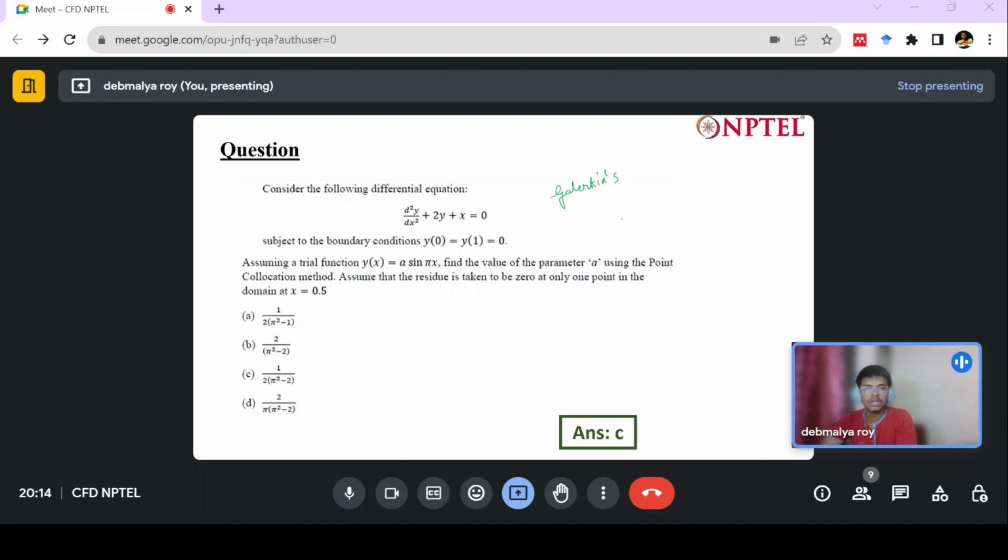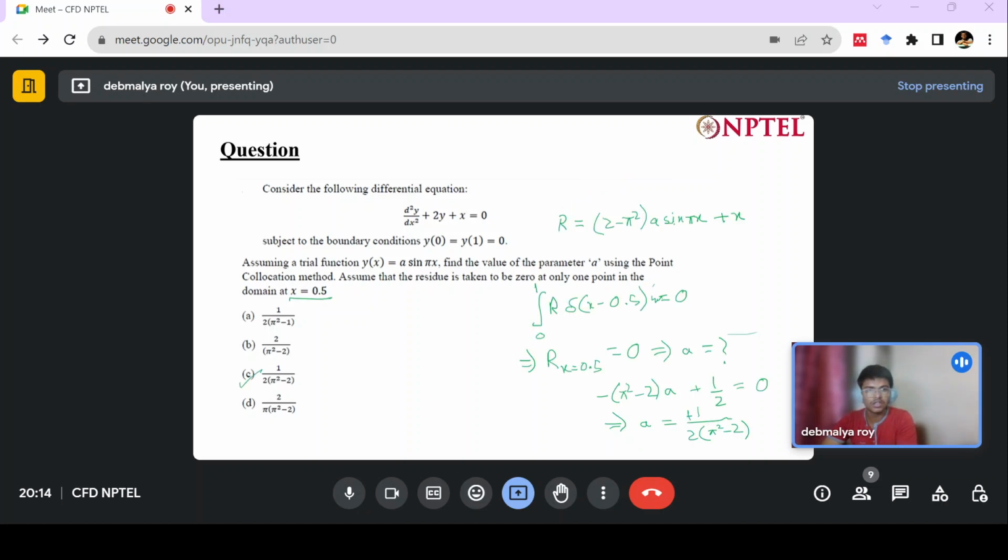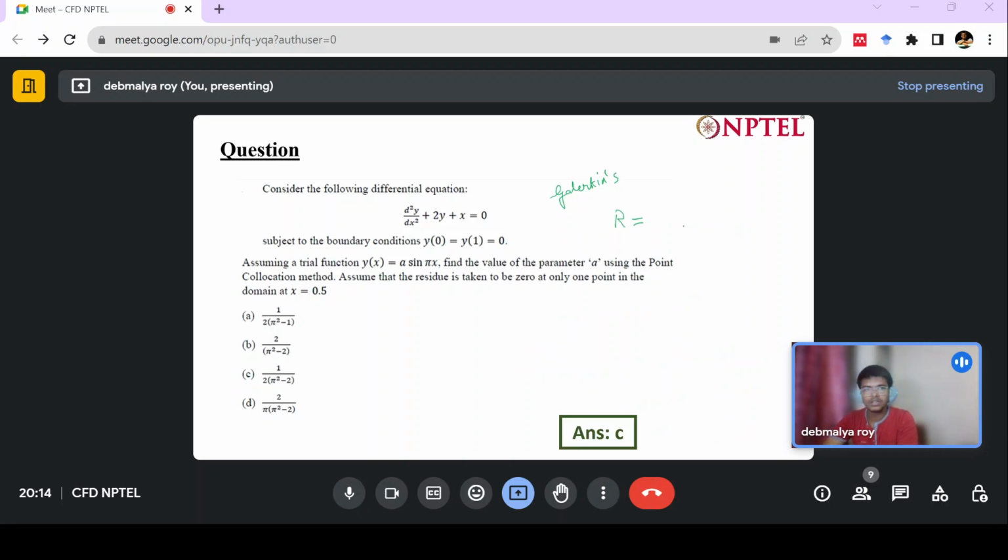There also we need to calculate the residual, which we have already done here. The residual is calculated, and then we need to find our weighting function, which will be inspired from our trial function. So here we will simply drop the parameter a and take the weighting function as sine pi x.